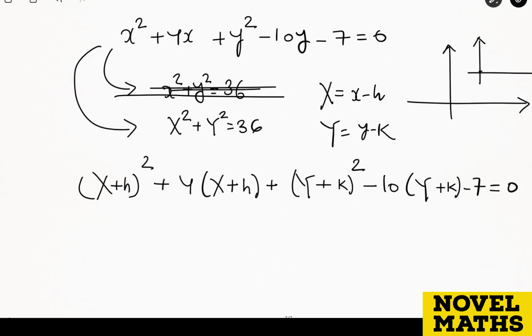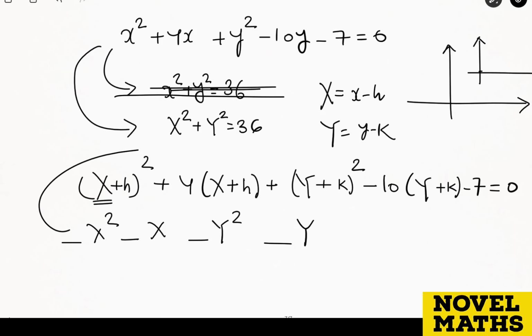So this is very easy to do, right? You will have an x square term with some coefficient, then x with some coefficient, y square with some coefficient, and then y with some coefficient. And if you see this equation, there is no x and y term, right? If there is no x and y, you just make this coefficient 0, this as 0, and you will get the values of h and k.